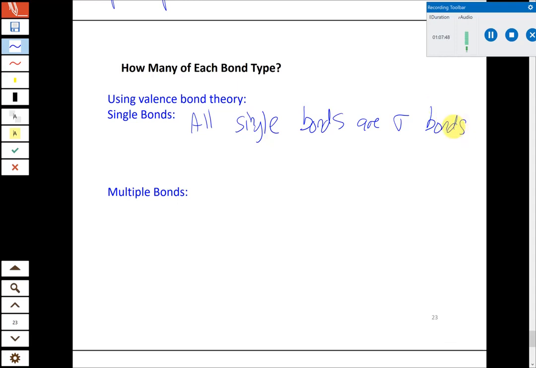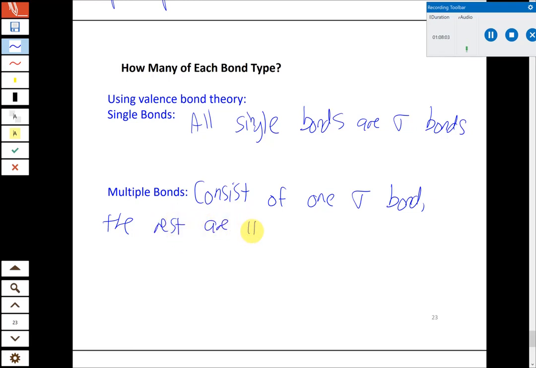Now, if we have multiple bonds, these are going to consist of one sigma bond and the rest are going to be pi bonds. Because we're restricting ourselves to the p block of the periodic table, we can only have single, double, and triple bonds. If we have a single bond, it's sigma.